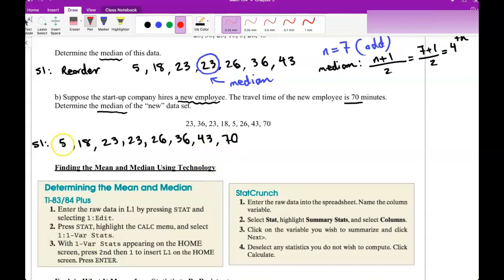Okay, so now finding what the median is. Median is in between. So you have 1, 2, 3, 4, 5, 6, 7, 8. So we have 3 on the left, 3 on the right. What's left in between? We have these two, 23 plus 26 divided by 2. That is the median.